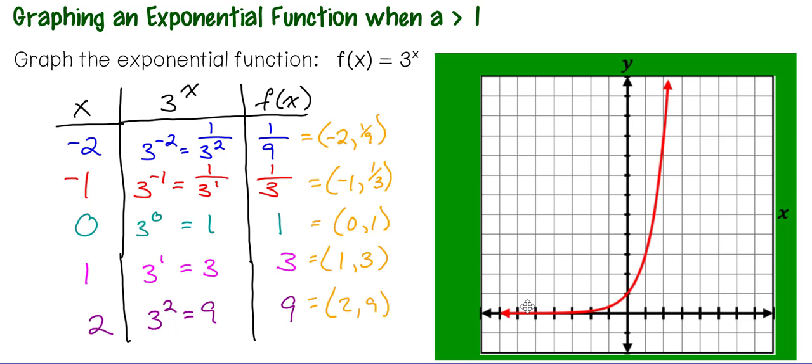So in this case, we know our domain is going to be all real numbers, okay? We know there's not going to be any x-intercepts. In this case, our y-intercept is 1, because anything to the 0 power is always 1. So no matter whether it's 3 to the x, 4 to the x, 5 to the x, it's always going to cross at 1 on the y-axis. The x-axis is going to have a horizontal asymptote.